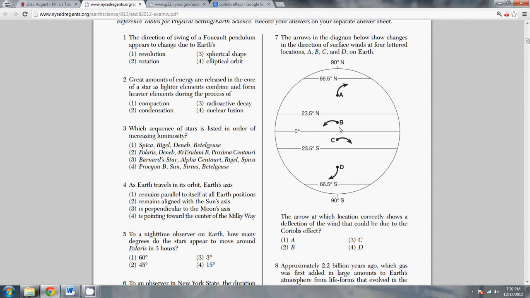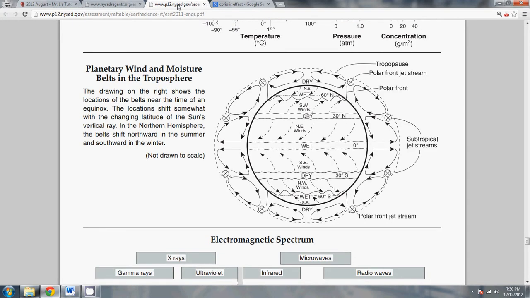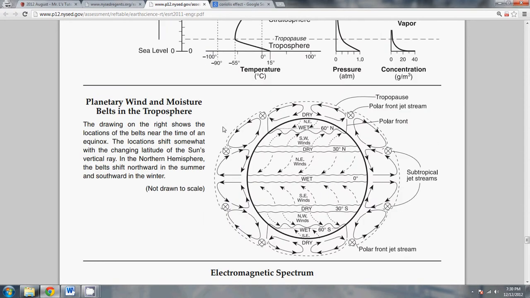The perspective of B is going to the left. And the correct answer, which is A, is the only one that actually goes in the correct direction for its hemisphere.